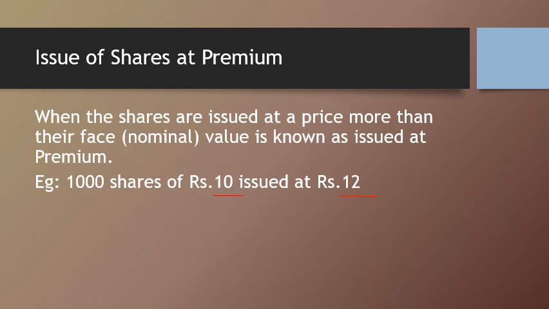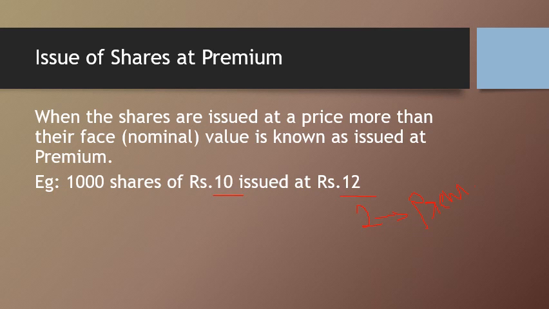It means there is a price increase of rupees 2, and this 2 is known as share premium. So when the shares are issued at a price higher than their face value or nominal value, it is termed as issue of shares at premium.